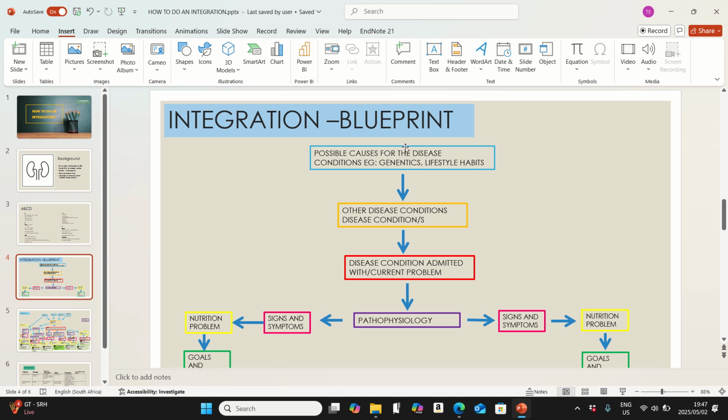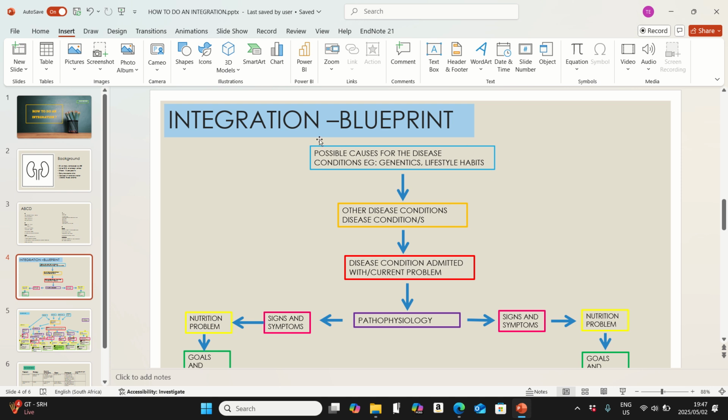So at the top, we have the possible causes for the disease conditions, for example, genetics, lifestyle, and habits. So this is what will cause your disease condition. Say our patient has an existing condition of hypertension. Then it's going to go in the second box.